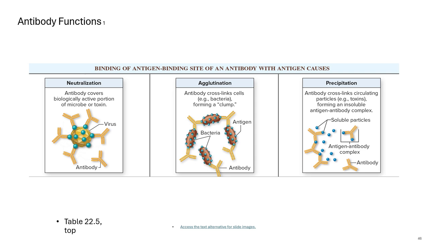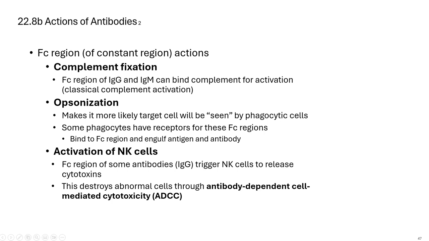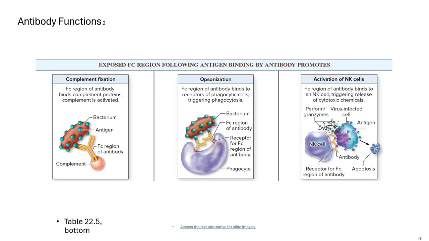And so, again, this is specifically for these circulating antibodies, right? Not the ones that are bound to the B cell, but these that are circulating, that have been produced by our plasma cells, right? The constant region of the antibody can also be involved in these various processes here, right? So you can read about them. We can look at similar types of images here.